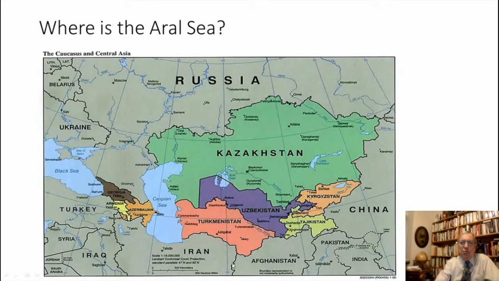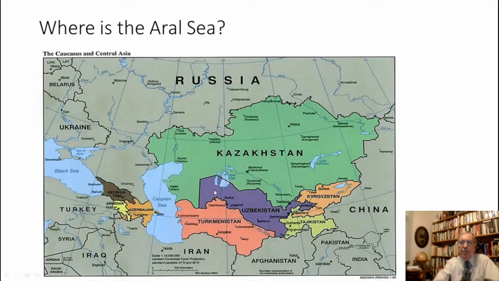Pretty much the border between Iran and Afghanistan, go directly north. You go through the various stans of these Muslim countries that used to be part of the southern Soviet Union. But anyway, here's the Aral Sea located here. It's right in that region.